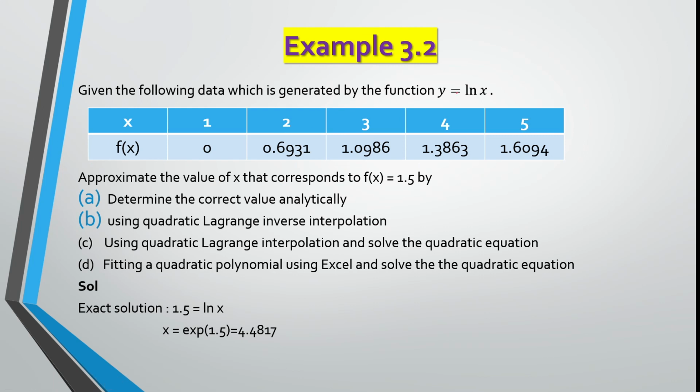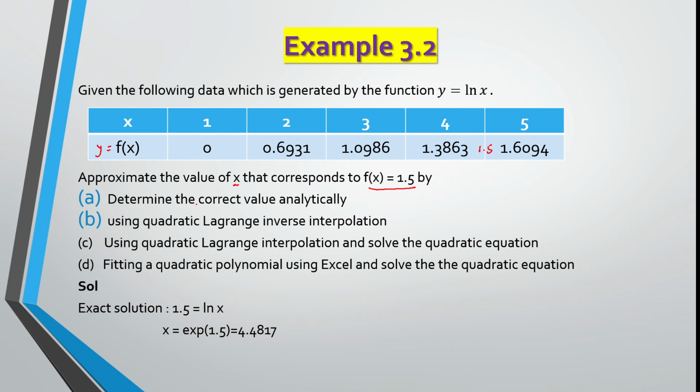Given the same data, y equal to ln x, from 1, 2, 3, 4, 5, we want to approximate the value of x that corresponds to f(x) equal to 1.5. Here y equal to f(x), and 1.5 lies between the last two data points.